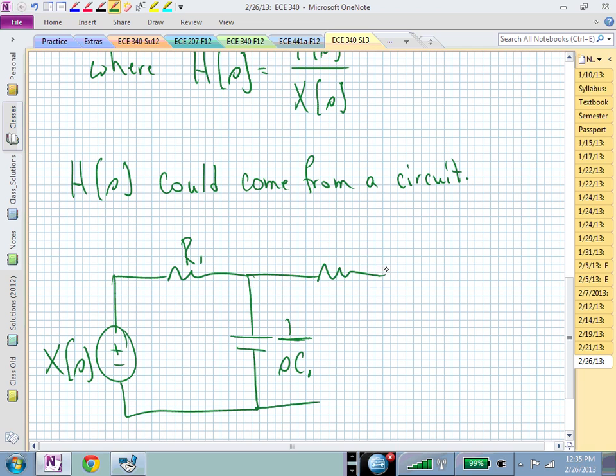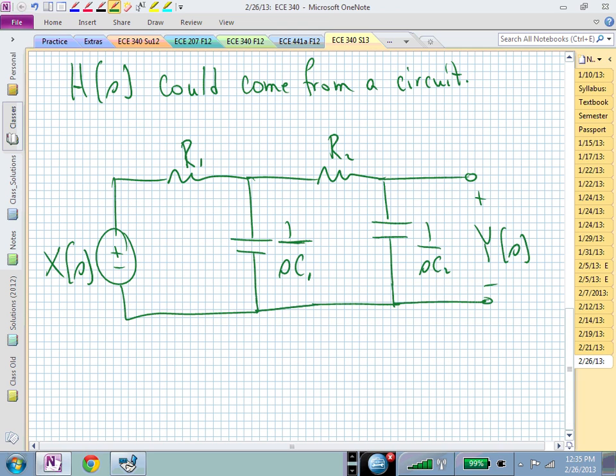Now let's suppose that we cascade another similar sub-circuit on that, another RC section, and you would anticipate that this is going to be some low-pass filtering behavior. And what we want to be able to do is answer the following question.